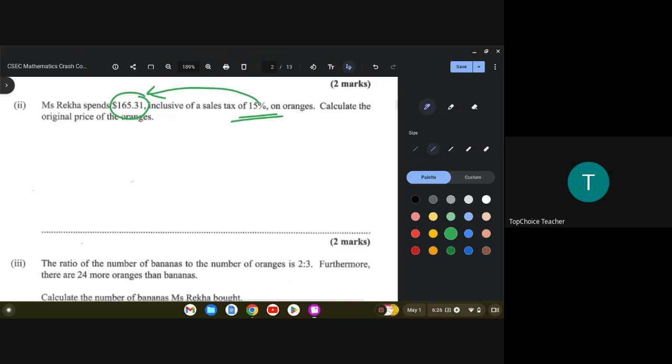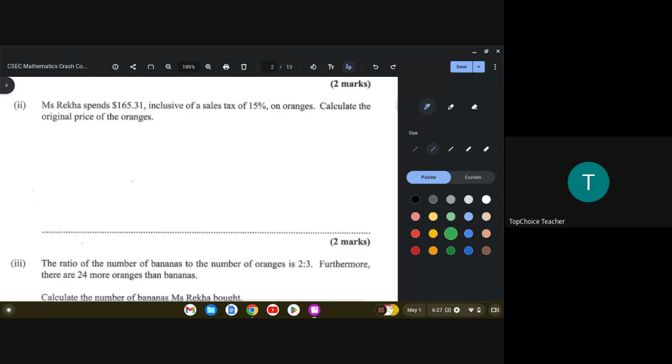If this $165 was the original price, then you could tax that. You could only tax your original price, not your final price here. Let's look at how to handle it.